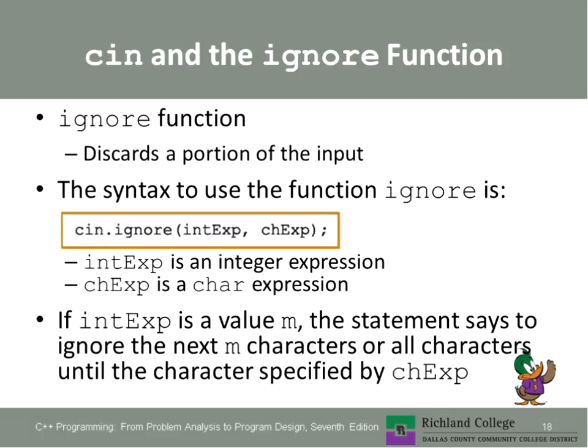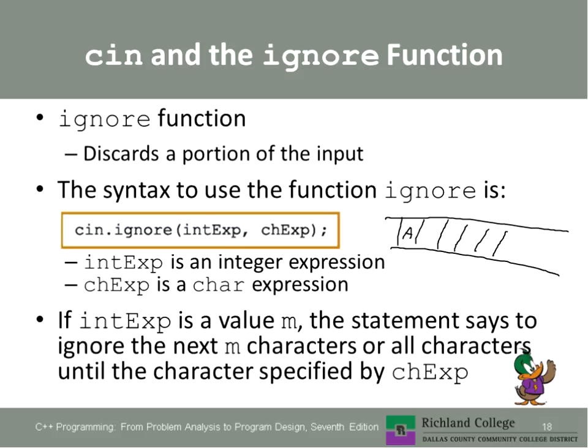Now when we have ignore, remember what ignore does? People are sitting on a bus and you ignore a few rows of people before you get to the next row of people that you're actually going to get. The integer expression tells you how many characters to ignore, and the character expression tells you, if you don't get to that number of characters, what is the character that will allow you to delimit something?